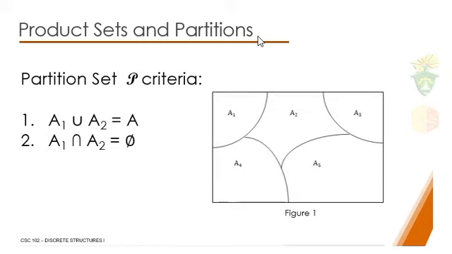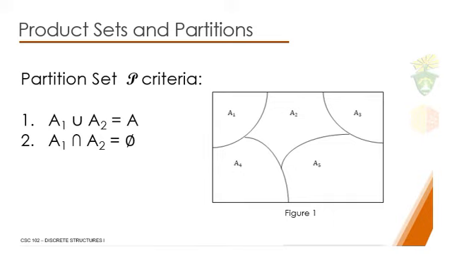To simplify, when we talk about partition set, we have two criteria. We will consider a set as a partition set if mo-qualify siya sa duha ka criteria given sa previous definition. First, dapat ang union sa iyang mga subsets mo-equate to A. That's number 1.